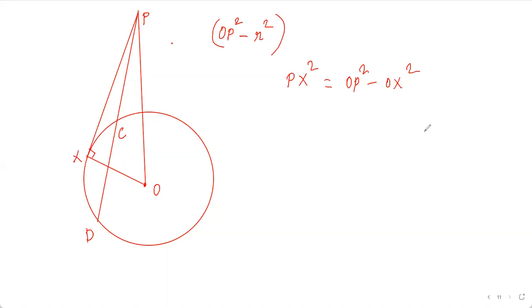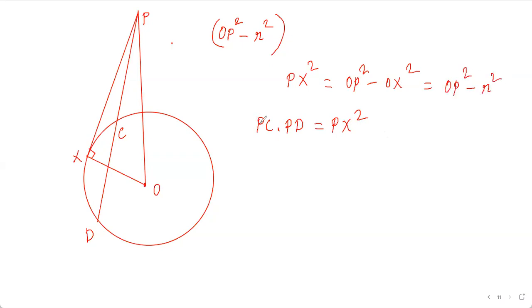And now by the tangent secant theorem, I know that PX square is equal to PC times PD. So PC times PD is equal to PX square, and you see that OX is nothing but r, the radius. So OP square minus r square.